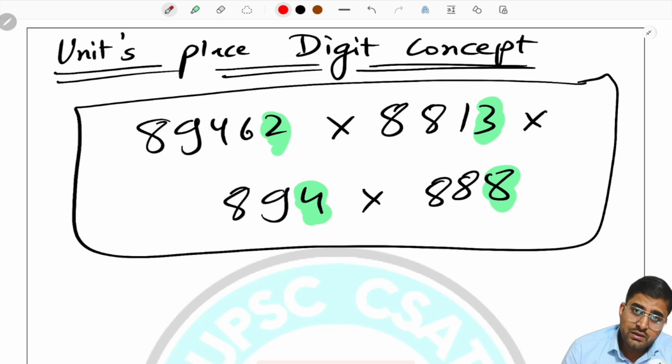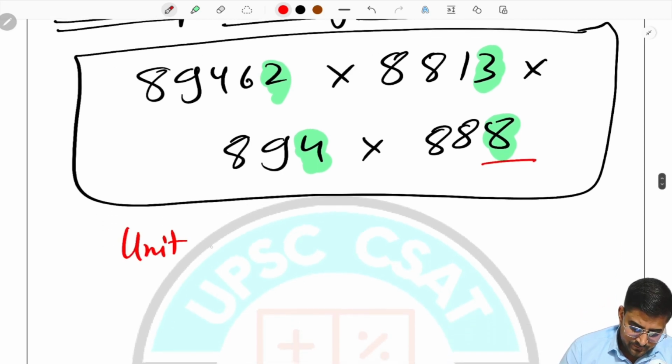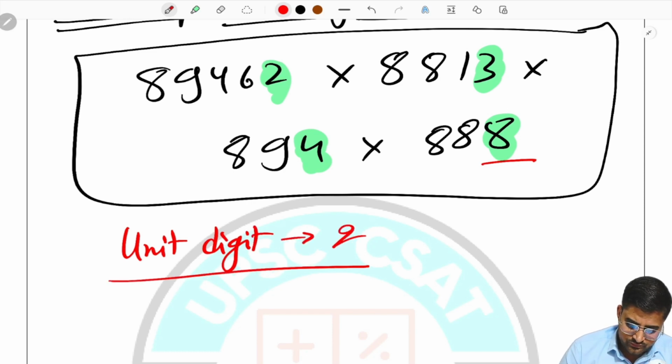So if they ask for the unit place, just calculate the unit place: 8 4s are 32. Do you need the 32 fully? No, the end is 2. 2 3s are 6, 6 2s are 12. So the unit digit is 2.